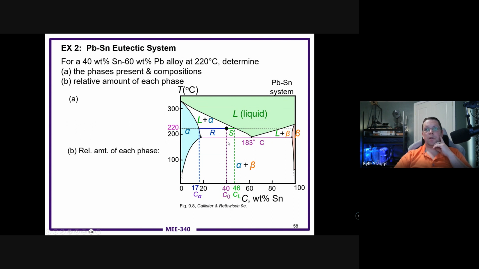And then down below that temperature is when we would see the alpha and the beta phase. And so we can similarly look at what each of those is. It can become a little hard to determine, but you have to do kind of a best estimate. So in the exams and things of that nature, it's really important to have a good straight edge and be paying attention to trying to keep it as vertical as possible when estimating where those tie lines are hitting for a given temperature.